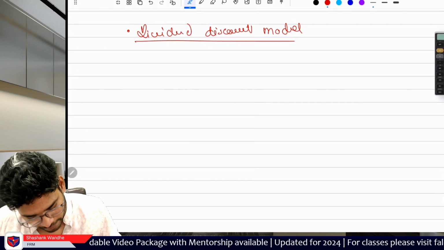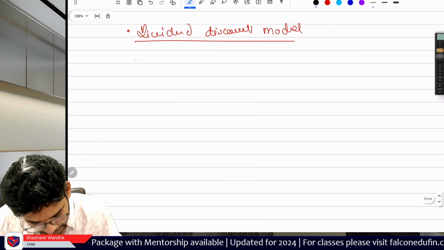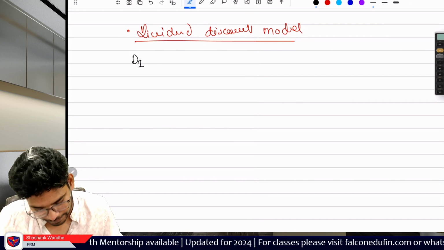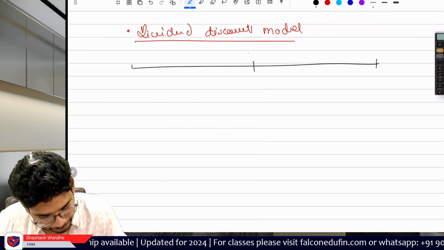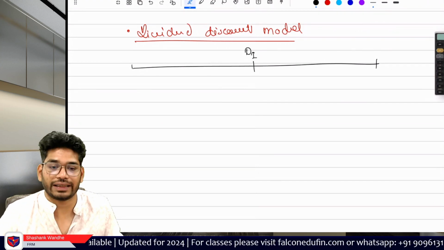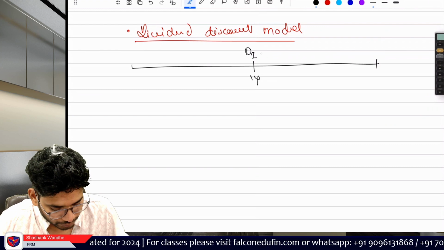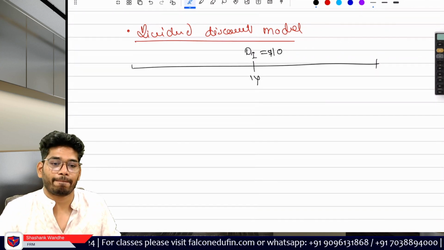If I provide you certain information that the company will pay a dividend at the end of 1 year, I'll provide this on a timeline. Okay. So the company will pay a dividend at the end of 1 year, and the dividend is equal to $10.